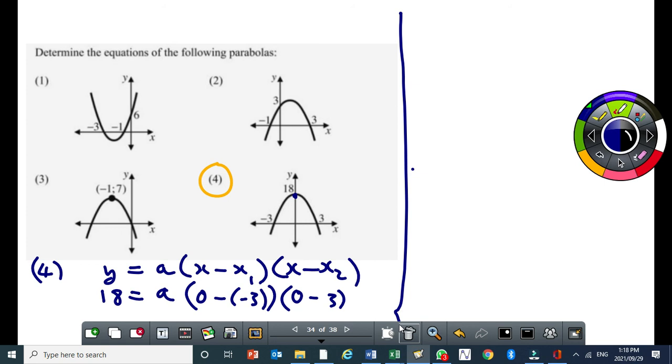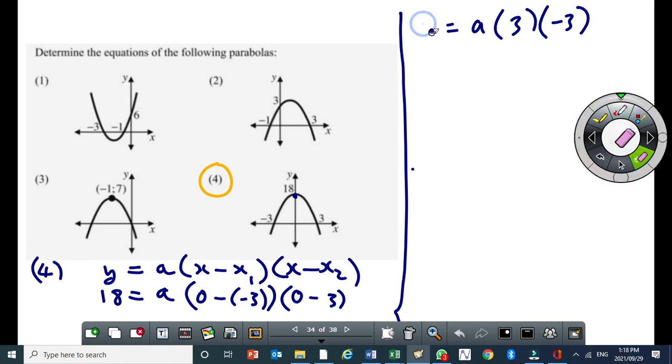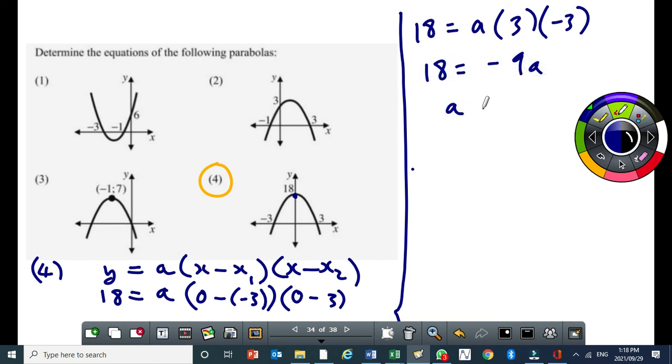So is the value of a supposed to be positive or negative? Negative. So we end up having y equal to a times positive 3 times negative 3. Okay, sorry, I'm supposed to put 18 here. So that becomes 18 equal to minus 9a. So a is negative 2.